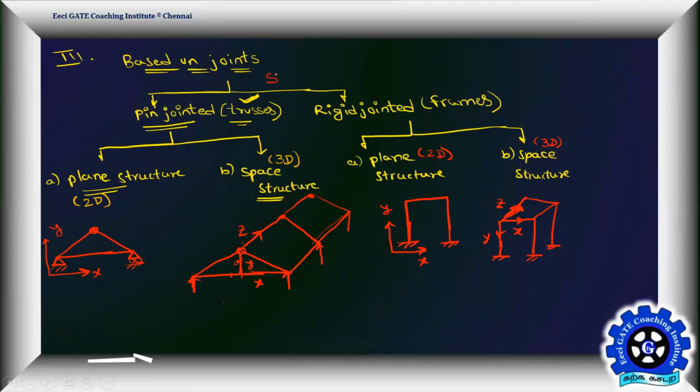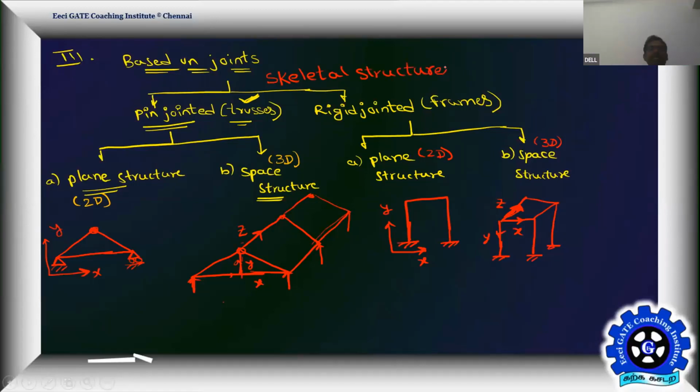A length is visible, sir. That's why these are called skeletal. If only one dimension is visible or predominant when compared to other dimensions, we call them skeletal structures.